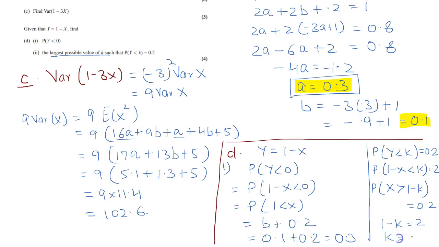So k is equal to minus 1, the largest possible value which gives this. So that is the answer of this part.